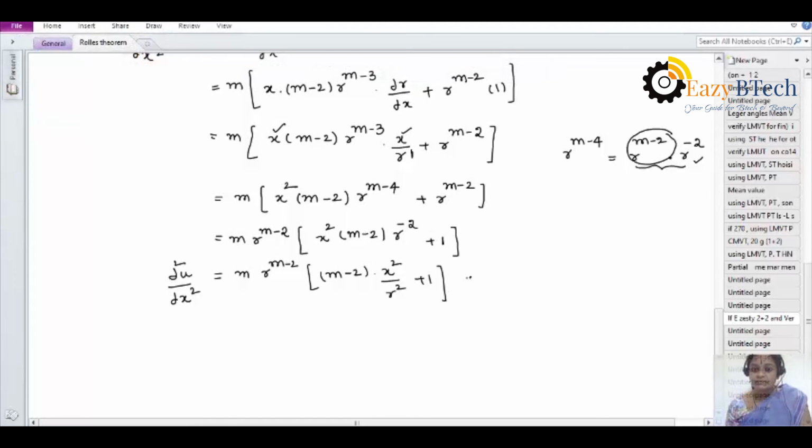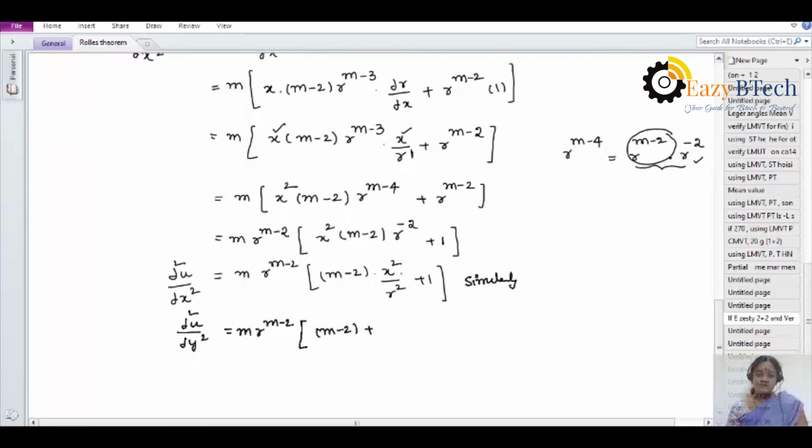Then similarly, dou square u by dou y square. So see here, students, in dou square u by dou x square, the first two terms are m into r power m minus 2 as they are. When we are doing with respect to y, the same values will come here. And the next one, m minus 2 as it is, only this term will change.